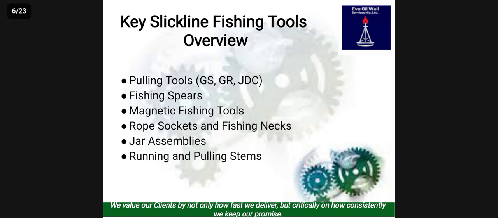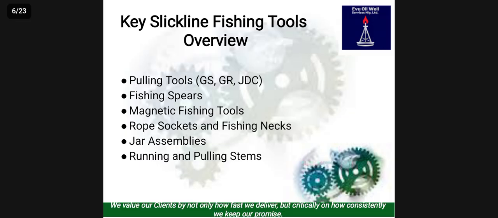Key slickline fishing tools and overview. Prior to today, we've discussed extensively some of these tools, but we will only add flesh to what we already knew from our past weeks of training. Pulling tools: the pulling tools comprise the GS, GRO, JDC.